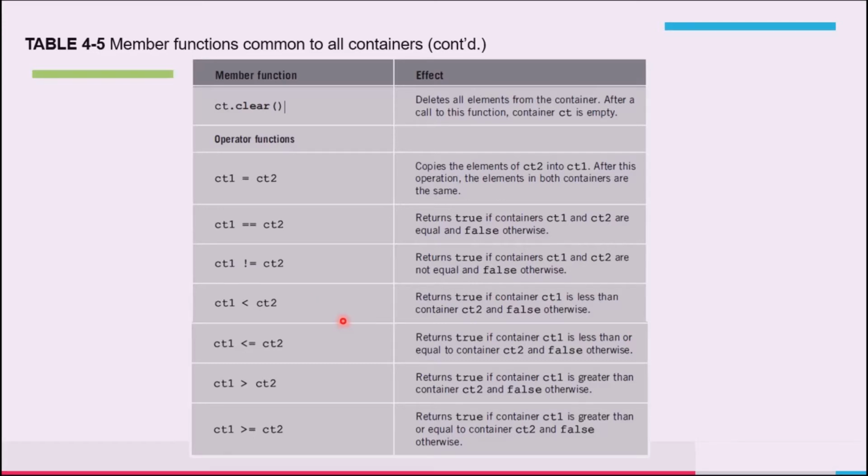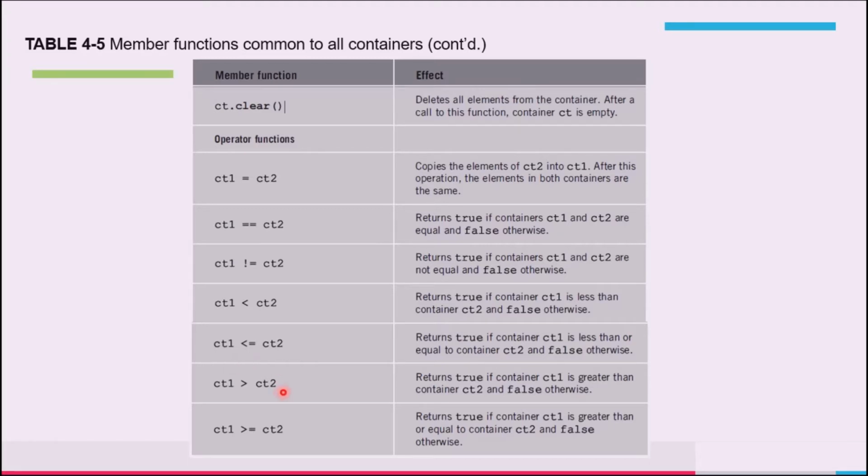So city1 < city2 returns true if container city1 is less than container city2, false otherwise. City1 <= city2 returns true if container city1 is less than or equal to container city2 and false otherwise.